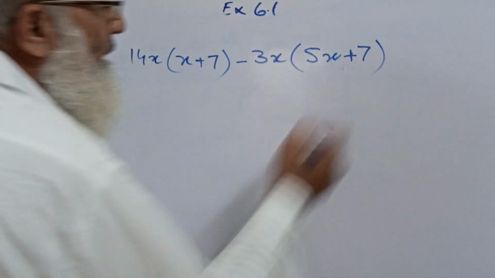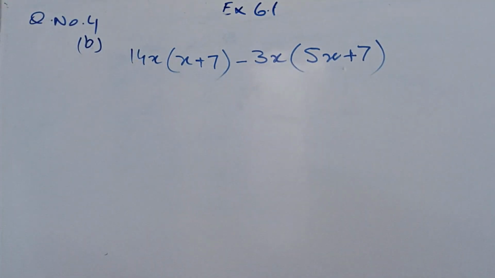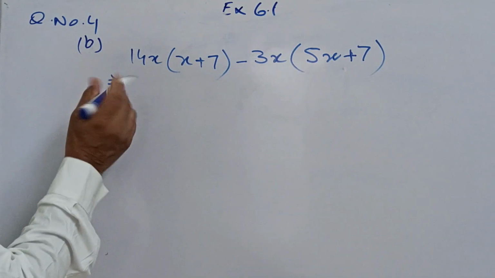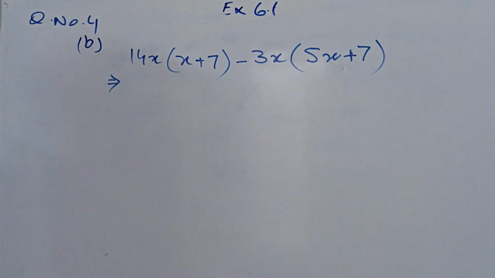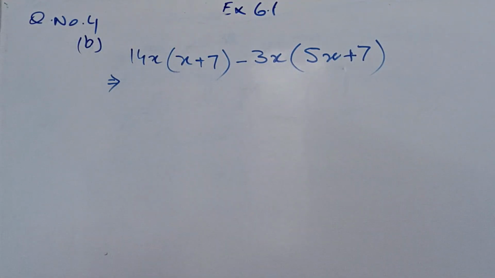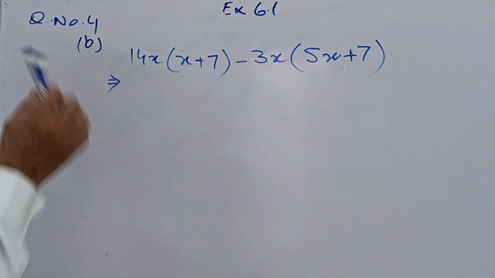Again, it is a very easy question, but do it a little carefully. Now, as I told you, 1 times 14, okay, no problem. When there is nothing written as the coefficient of the variable, then it is understood that it is 1. So it is 1, and obviously the sign is plus over here.